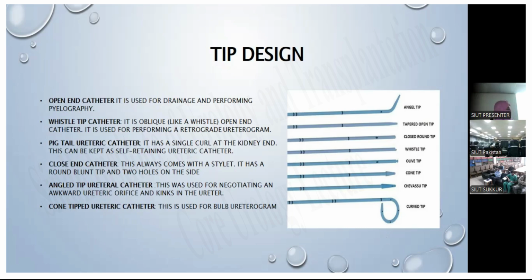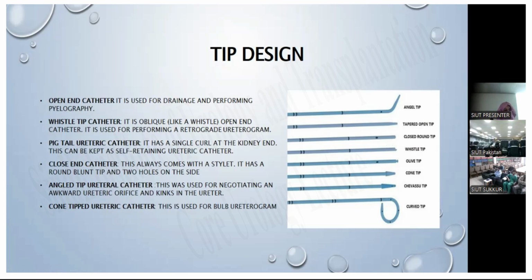Sorry, I just want to interrupt at this point, because if the far end, the end which is going inside the body is closed, now this ureteric catheter is specifically for dilatation. It is not for draining, because it will not drain. There are no side holes, and there is no hole at the very end of the catheter.